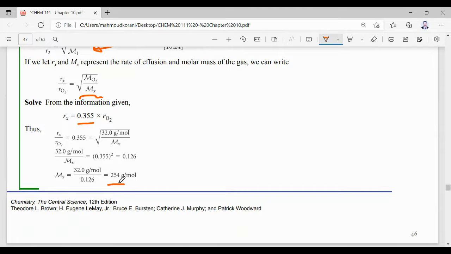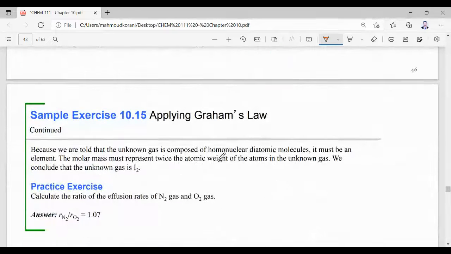How can you identify it? I'm telling you that it's homonuclear diatomic. You should divide this value by 2 and you get the atomic weight for that element. If you divide this one, it will be 100 something, and it will be iodine.